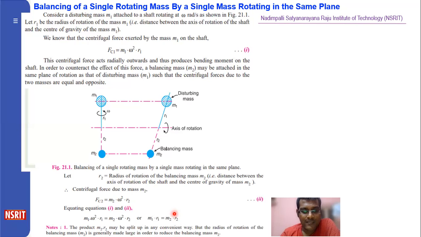For that, R2 should be made larger, then M2 will be a smaller value. So here you have to try to reduce the size of the balancing mass. For that, you can increase the radius R. Important. This is about balancing a single rotating mass by a single mass rotating in the same plane.